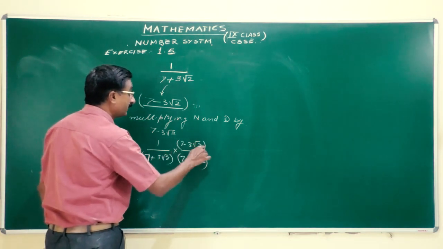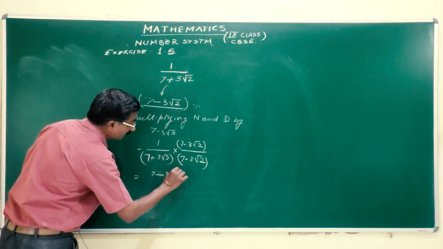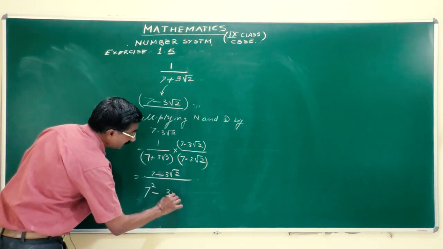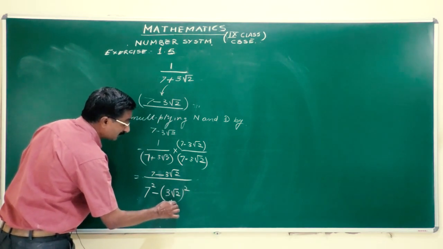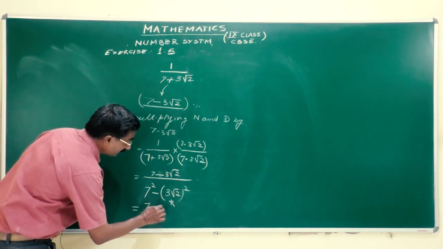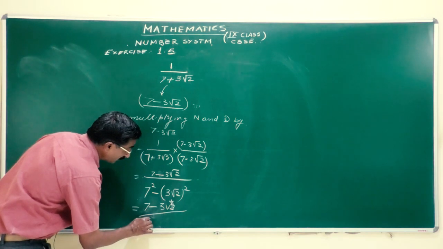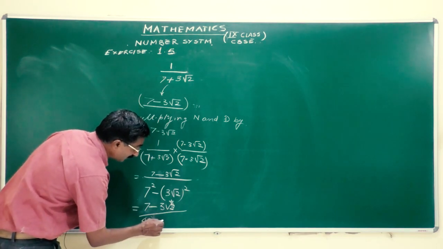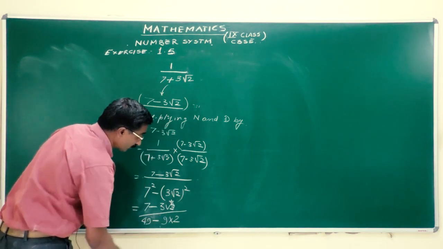So this is equal to 7 minus 3 root 2 upon 7 square minus 3 root 2 whole square. This is important. You have to be very concentrated at this point. The possibility of mistakes will be there. So 7 square is 49. Now here square of 3 and square of under root 2: square of 3 is 9 and square of under root 2 is 2.